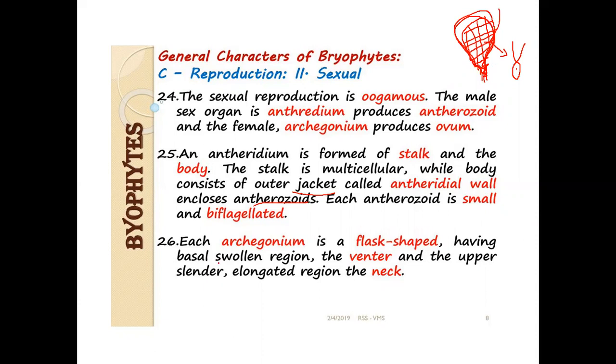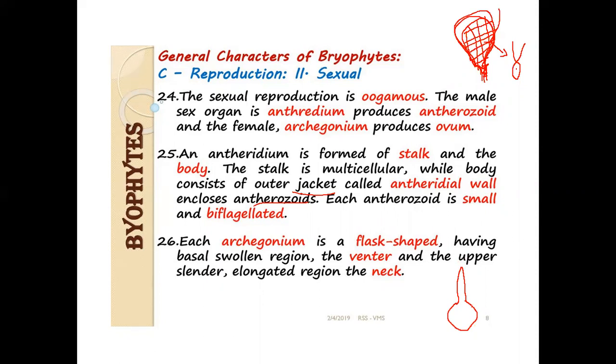Next, the female sexual organ, which is called the archegonium. It is a flask-shaped structure. The shape of the archegonium will be like this. This is called flask shape.